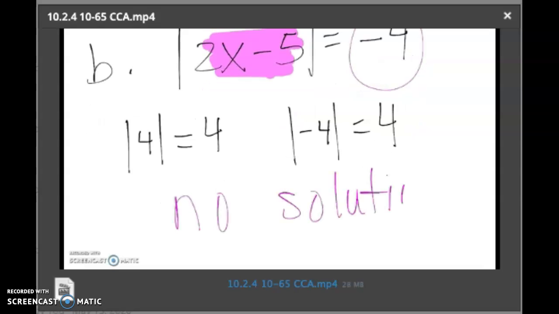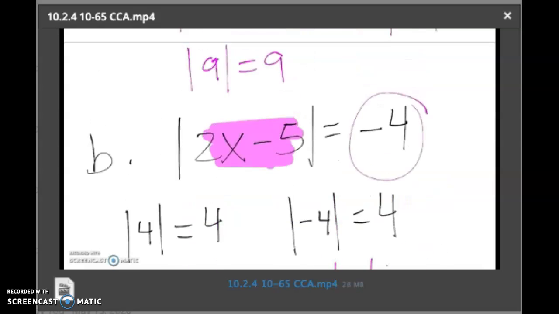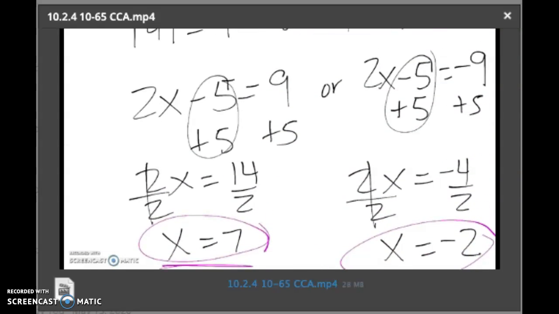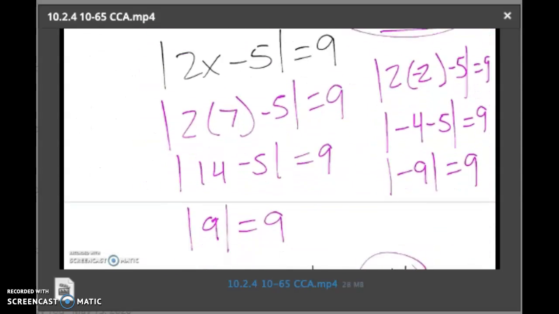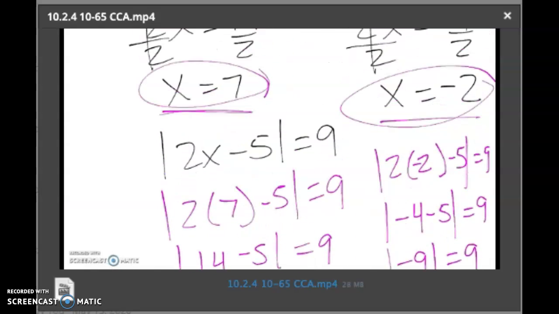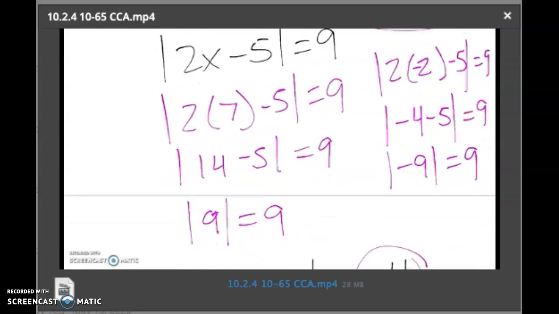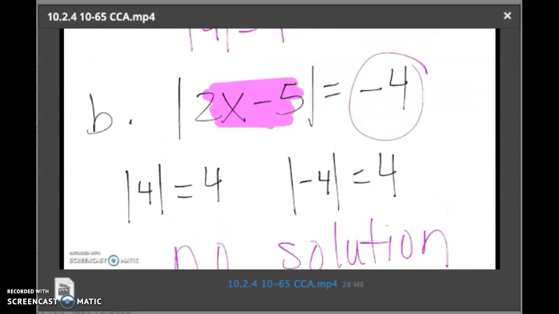Because there's no way to take the absolute value of something and have a negative number come out. So notice that in part A, our absolute value equation was equal to a positive number, and we got two solutions, right? In B, if we have the absolute value expression equal to a negative number, we're going to get no solution.